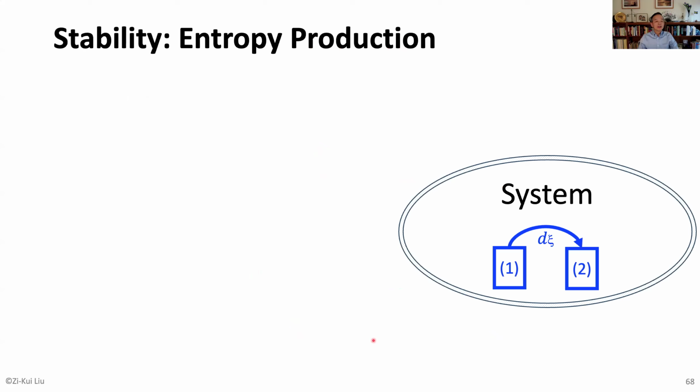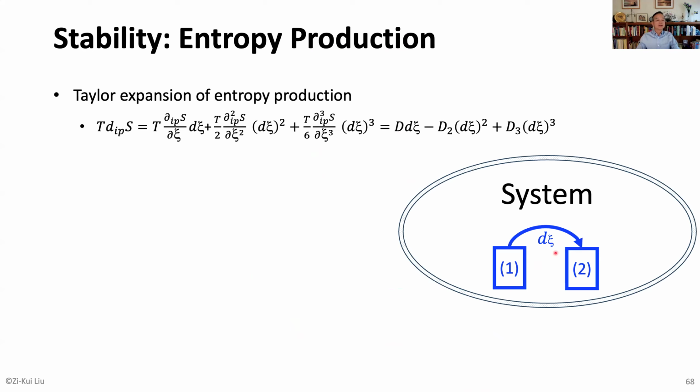Okay, now we're talking about the stability of an equilibrium system. Again, we talk about entropy production inside the system. We move a molar quantity from position 1 to position 2, which is represented by dxi here.